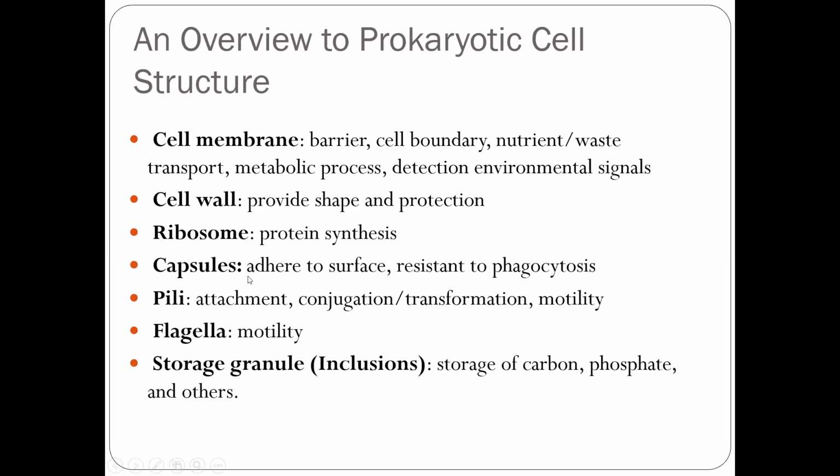Now the capsule, remember we talked about the capsule in the last lecture. They adhere to the surface and contribute to the pathogenicity of the bacterial cell because they are resistant to phagocytosis. Phagocytosis we will mention later: a phagosome is generated, which releases lysozyme, and the lysozyme can inhibit bacterial growth or lyse the bacteria.